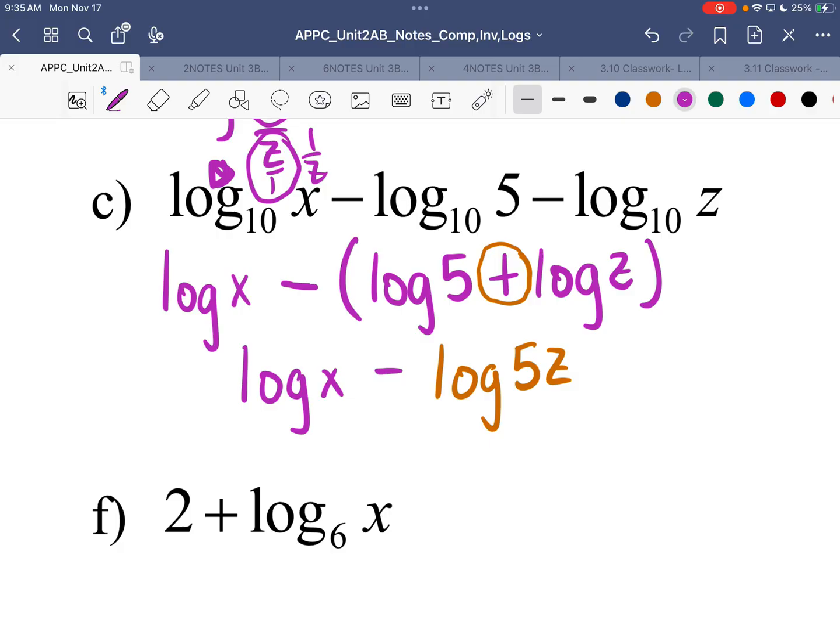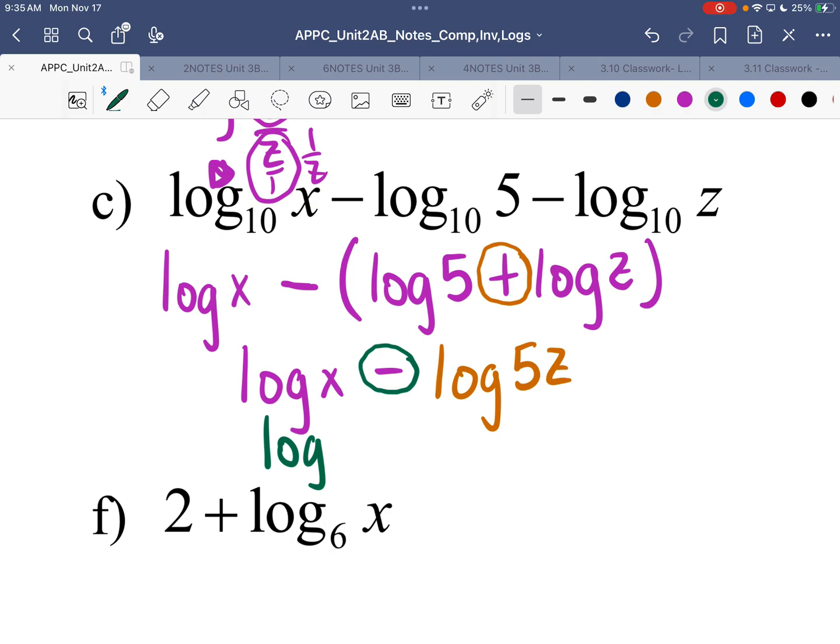Then you have log x minus log 5z. What's going to happen between those logs, or not between those logs, but between those terms, the arguments of logs, if there's a minus sign? Division.